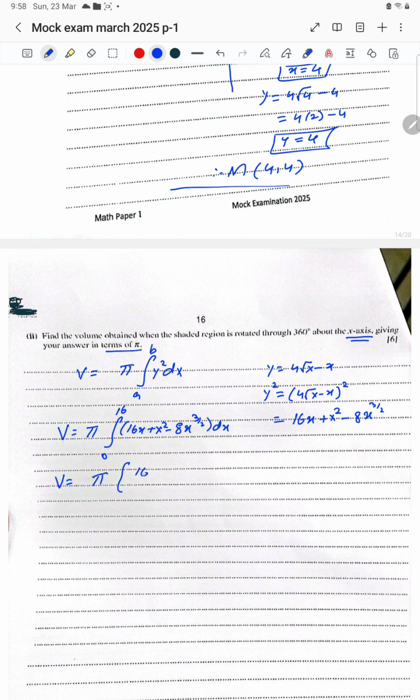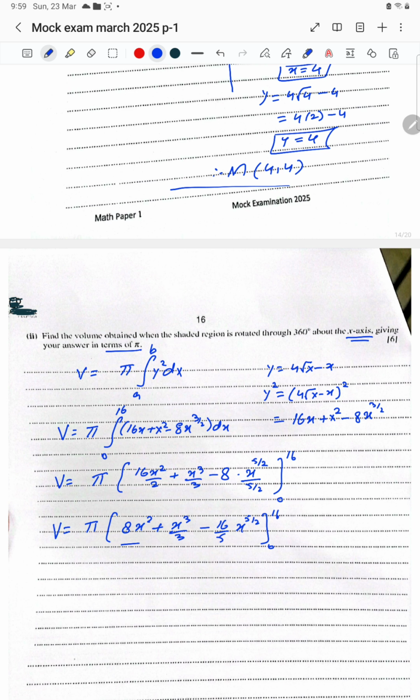I will get 16x²/2 + x³/3 − 8x^(5/2)/(5/2), from 0 to 16. Further simplifying: 8x² + x³/3 − (16/5)x^(5/2), from 0 to 16.